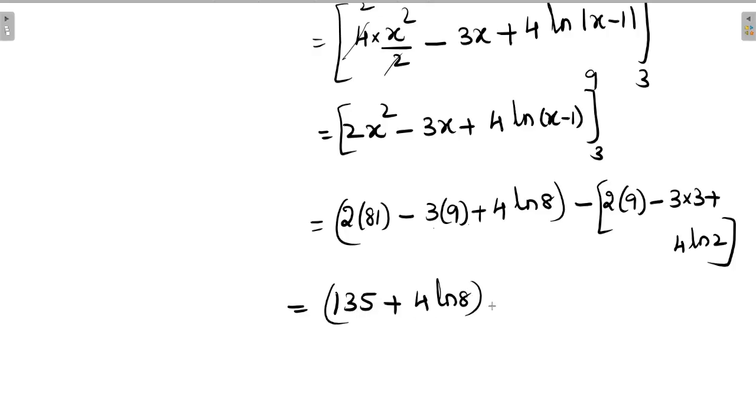This is the upper limit value. Minus here 18 minus 9. 18 minus 9 is 9, so 9 plus 4 ln 2.